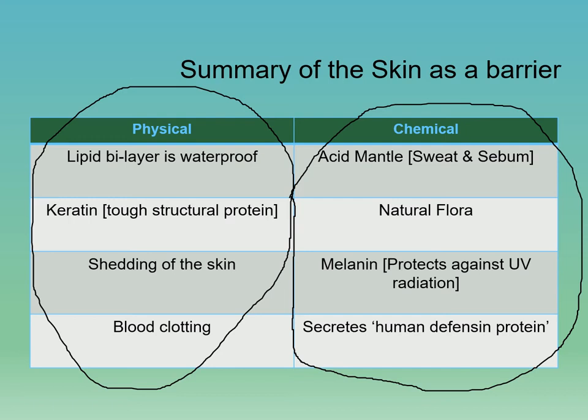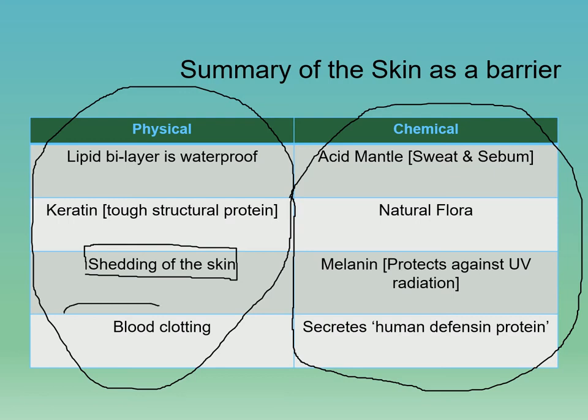It doesn't let everything in. It's made of keratin, which is a tough structural protein. Interesting that it sheds, a bit like a snake skin, really, I suppose, but not in one piece. Anything that attaches to the skin will not stay there for long because we shed it. We replace it every single day and every single week of our lives.